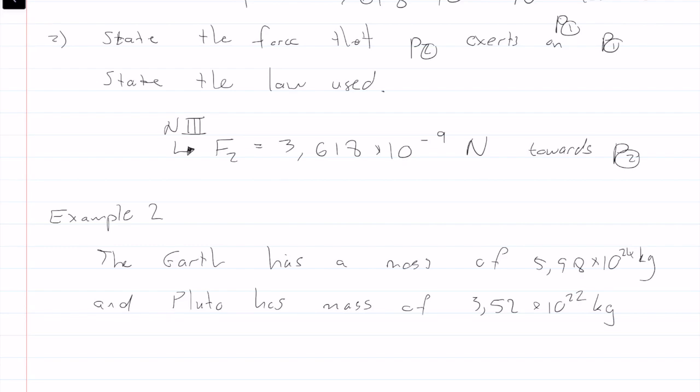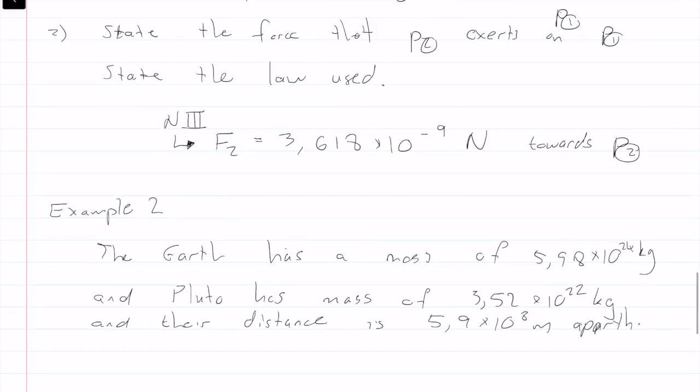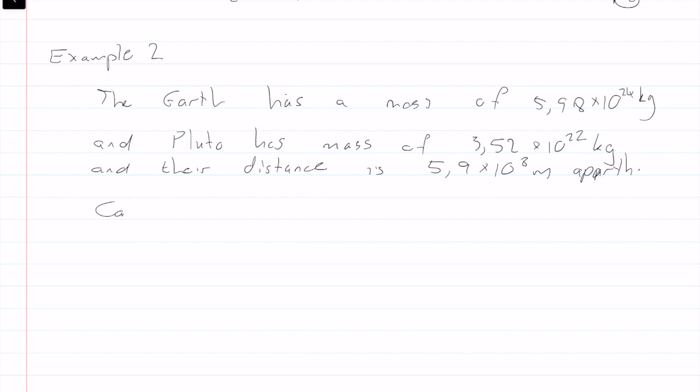Their center distance between the two planets is, let's say, 5.9 times 10 to the 8 meters apart. So calculate Fg. Again, nothing too difficult.